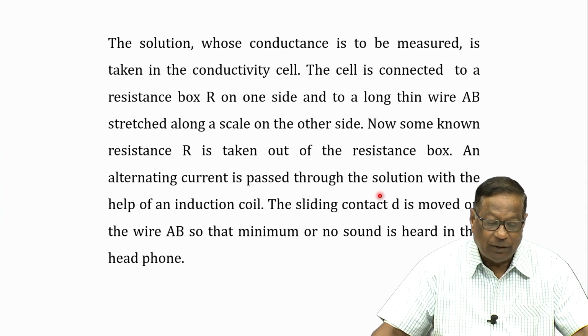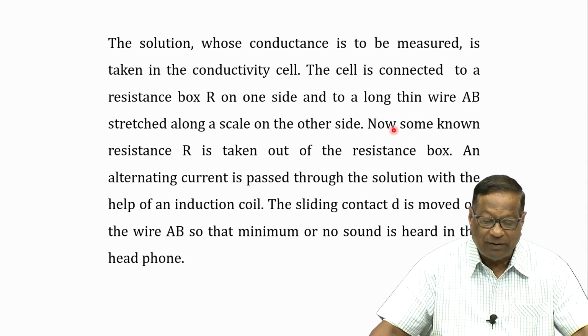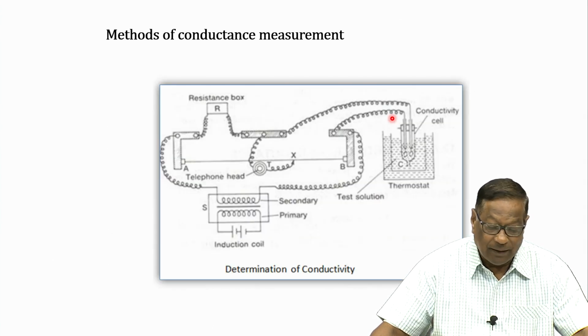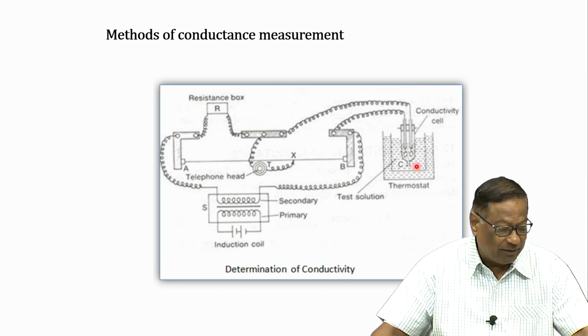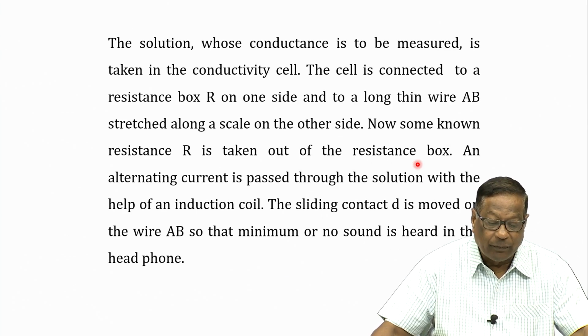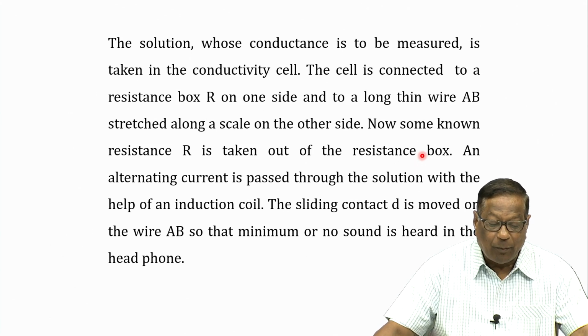So, the solution whose conductance is to be measured is taken in the conductivity cell, that is here in this solution. Outside is a thermostat to maintain the constant temperature. The cell is connected to a resistance box.